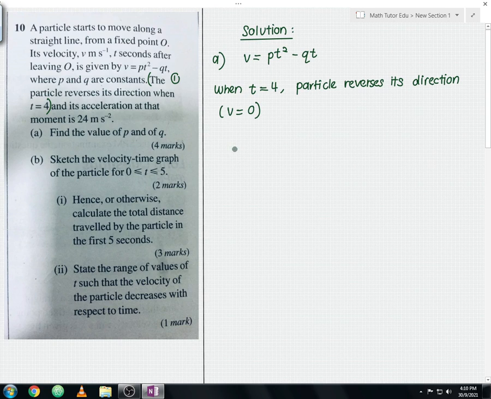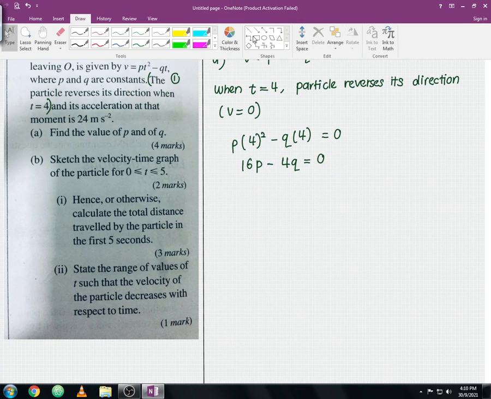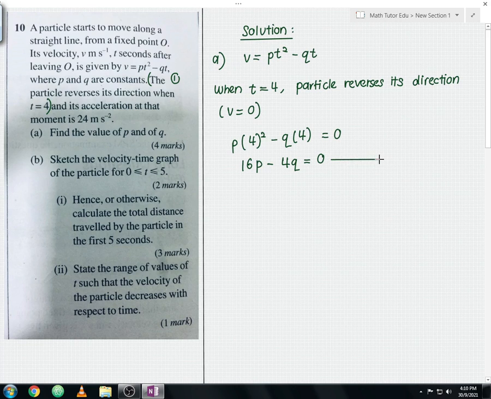So p times 4 squared minus q times 4 should equal 0. So you will get 16p minus 4q equals 0. This will be your first equation, so let me label this as equation number 1. Okay, we're done with information number 1.